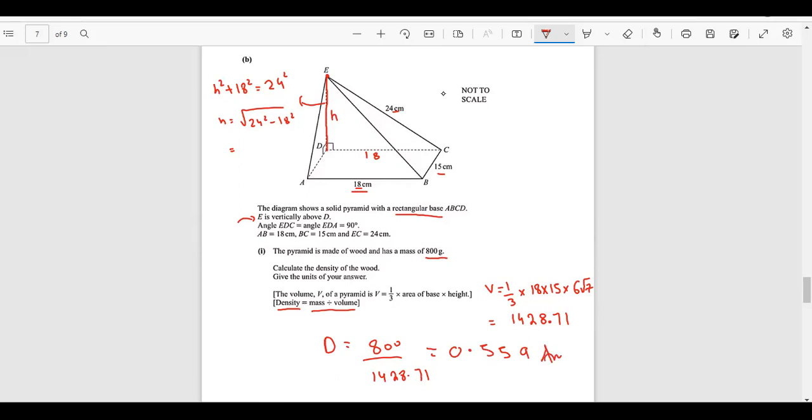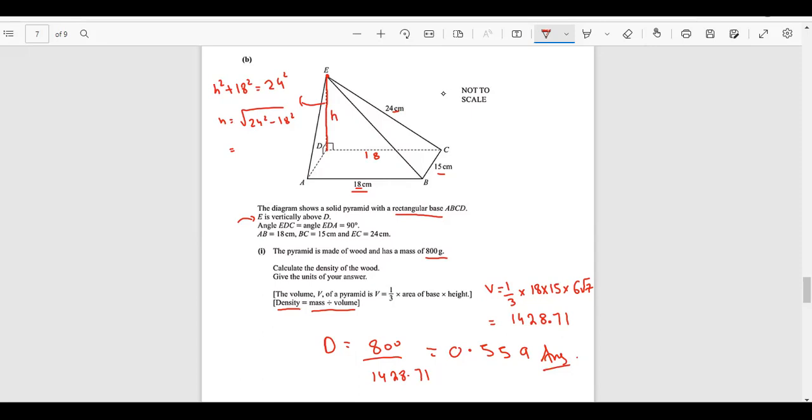Okay, so this is going to be your density. For giving a good answer, you can also write down the units, like grams per centimeter cube, but this would also be acceptable, okay? It is okay if you are missing it out.